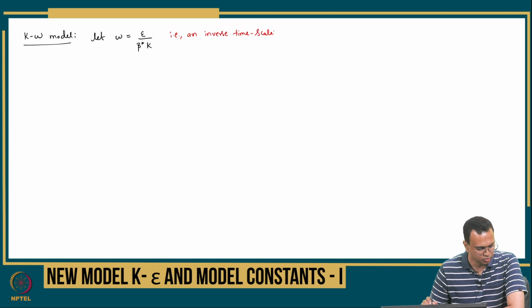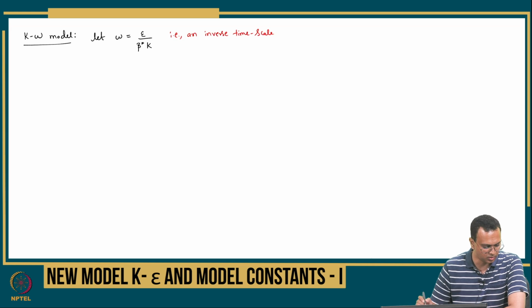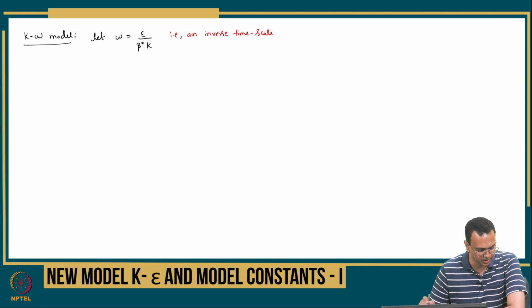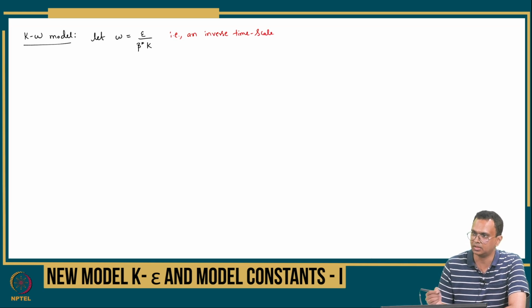Okay, so with this term, what will happen to all the other parts? So first of all, when we define this, we have to see that the last term in the K epsilon will not cause an issue. That is what we have to figure out here. So let's go back and see first how to get the K and omega equations.